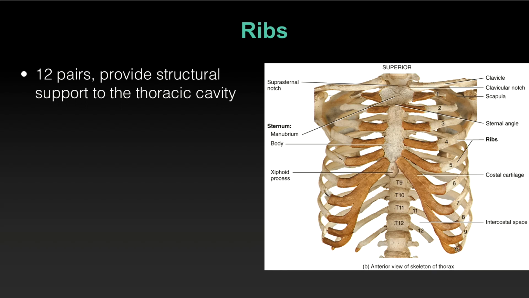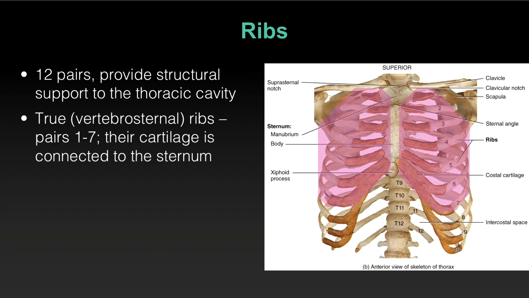But the rest of the ribs are all varying degrees of length, the 7th being the longest. 7th is also the border of the true ribs, or the vertebrosternal ribs, which simply indicates that they connect directly from the vertebrae to the sternum via their costal cartilages.